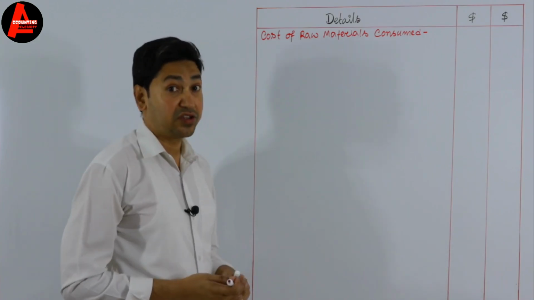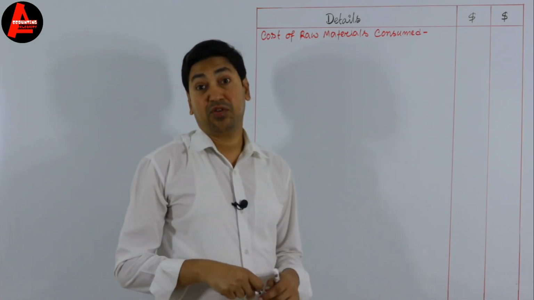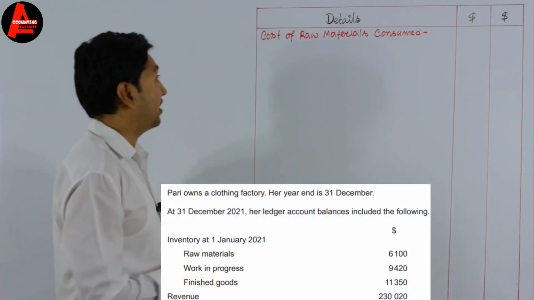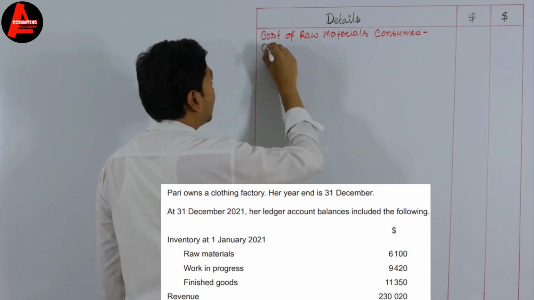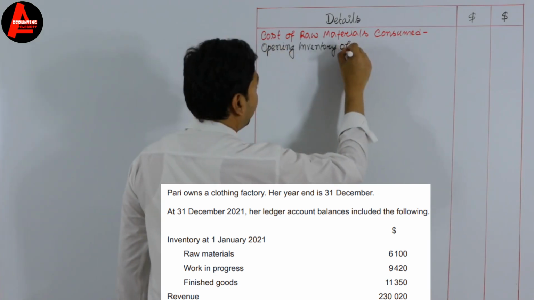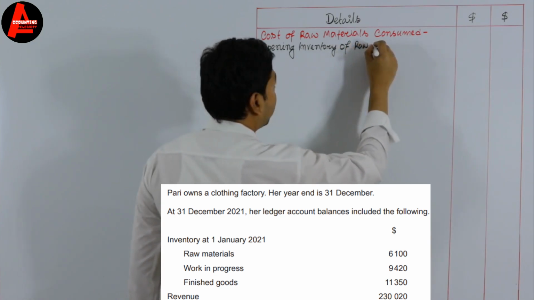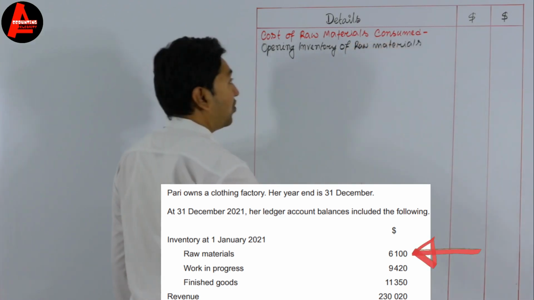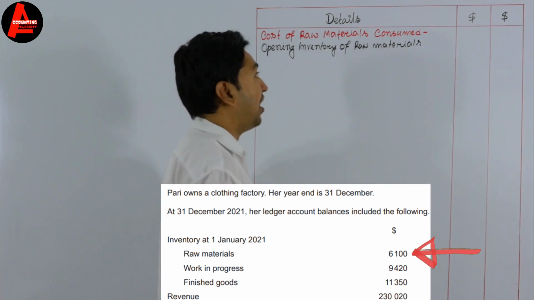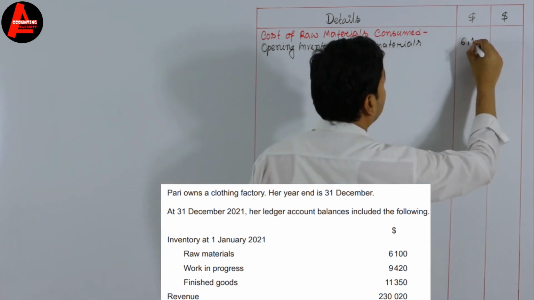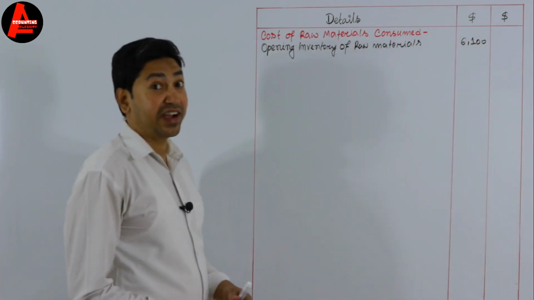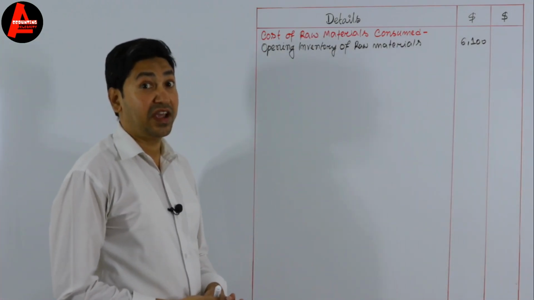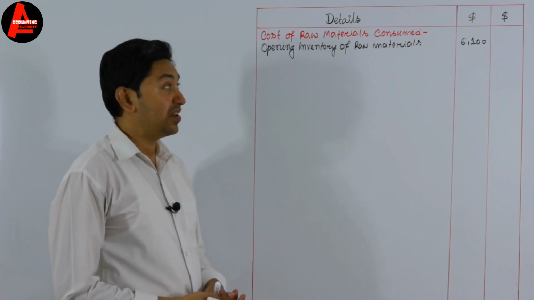So what is our first item? Opening inventory of raw materials, right? So let us write here opening inventory of raw materials. Here on the question we have $6,100. Then our second item is purchase of raw materials, right?